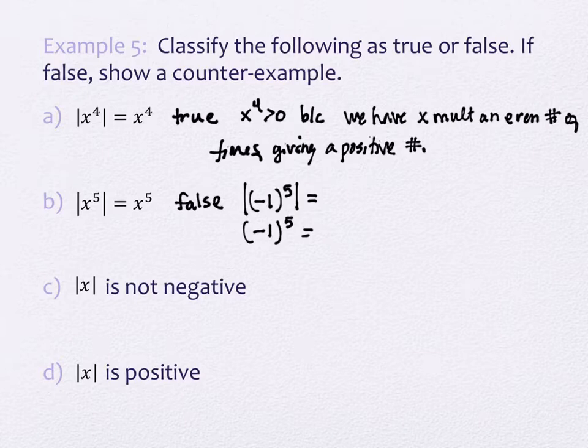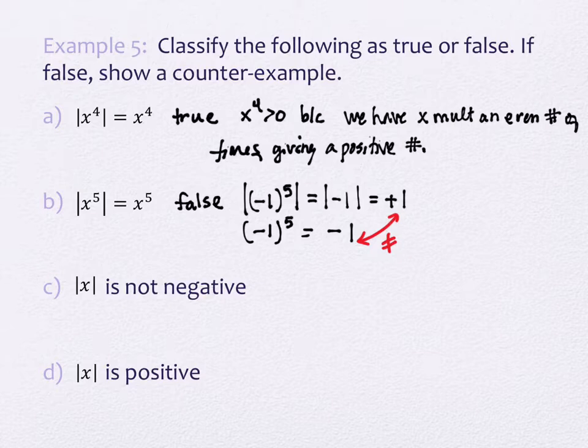On the first one, what is -1 to the fifth? Just that part of it. -1. Okay, so each of these are -1. But the first one, the left-hand side, is inside of absolute values, which then makes it a +1. So these two are not equal.